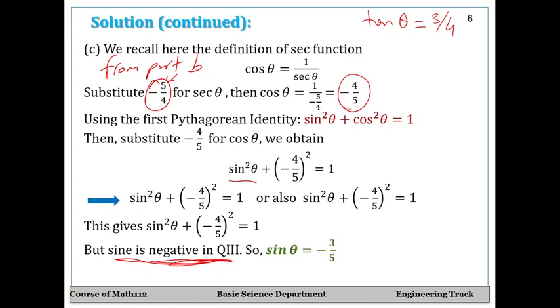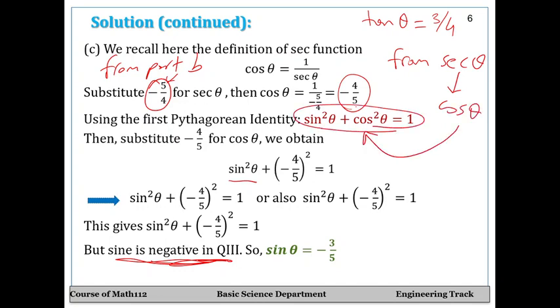Now, here, it doesn't use my method, it goes directly from secant theta. From secant theta, it goes to cosine, and from cosine theta, using this identity, it goes to sine squared, then it goes to sine.